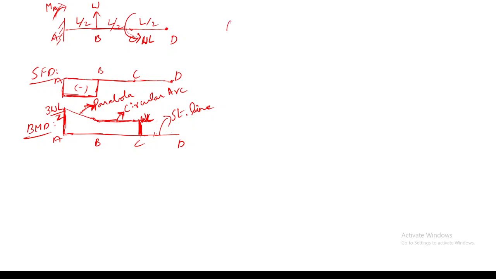For this beam given here, based on the formula sheet which I have shared, you can find the maximum slope and deflection. The moment is WL, this is point A, it's of length L, and this is point B. So how can we solve this?